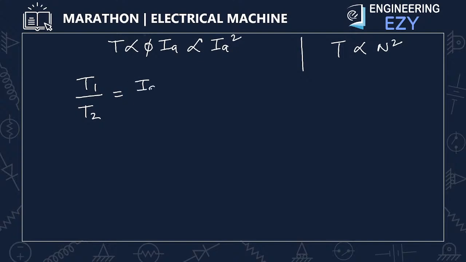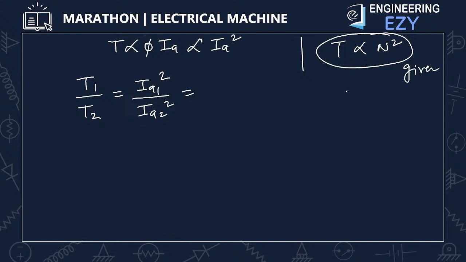is equal to Ia1 square upon Ia2 square is equal to N1 square upon N2 square, because it is given in the question that torque is directly proportional to speed square. So T1 upon T2 is N1 upon N2 whole square.